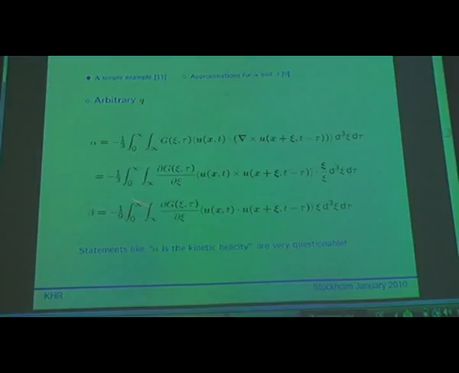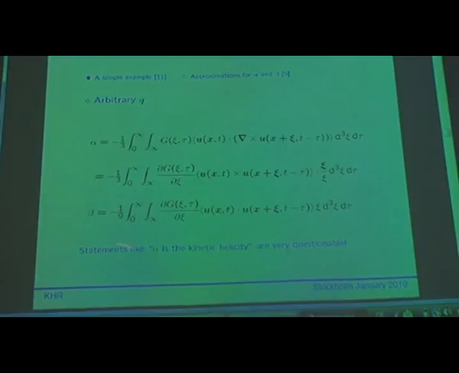Only a short remark. You can consider arbitrary Q, you can return to the relations I have shown you before, and then alpha takes this form, Green's function, and here the helicity spectrum, correlation of U with curl U, but this taken at x and t, and this taken at x plus psi and t minus tau, and a similar relation for beta.